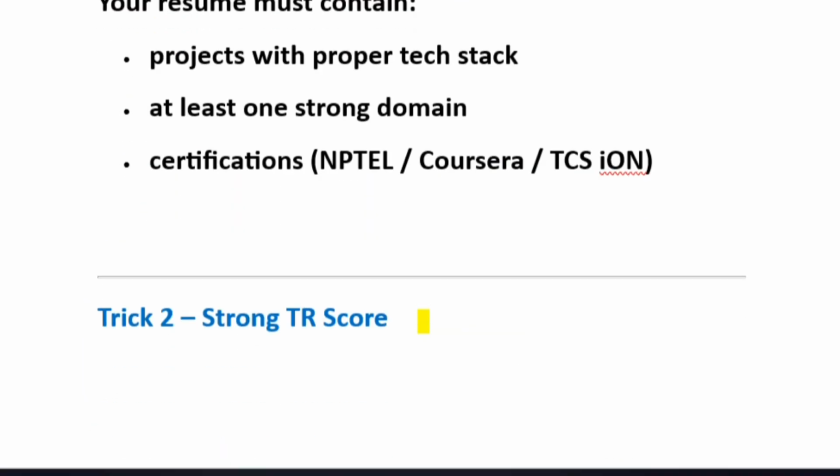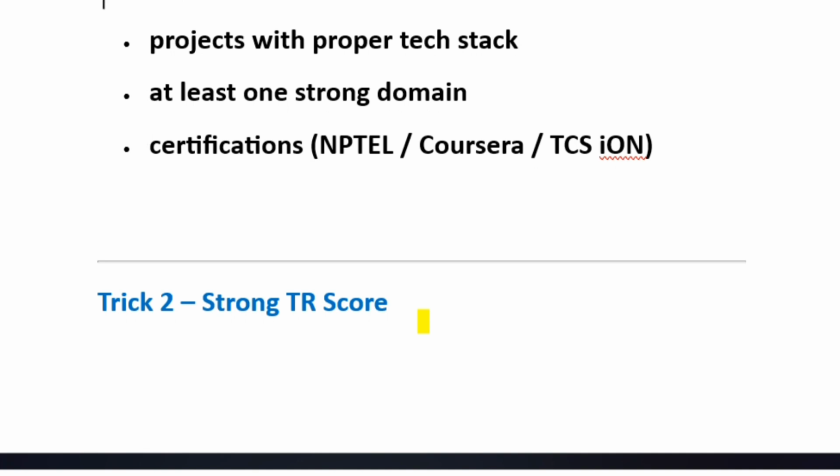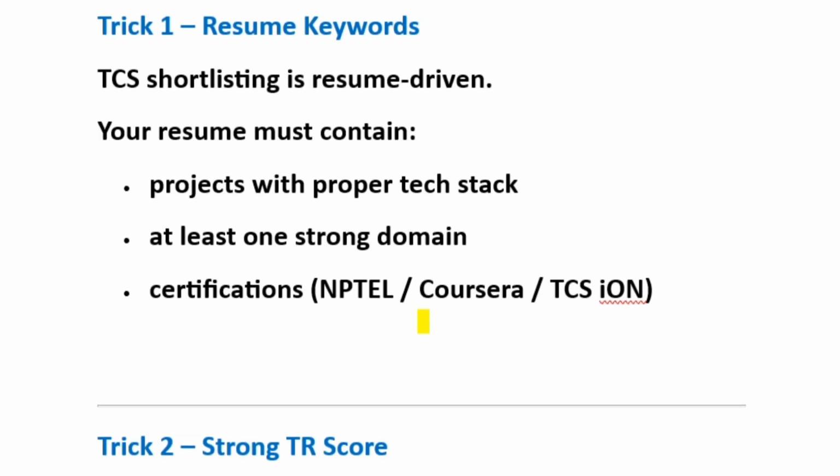Next, I'm going to explain some tricks which will give you insights about how to get in. The first trick is resume keywords. TCS shortlisting is resume driven. Your resume must contain projects with a proper tech stack.